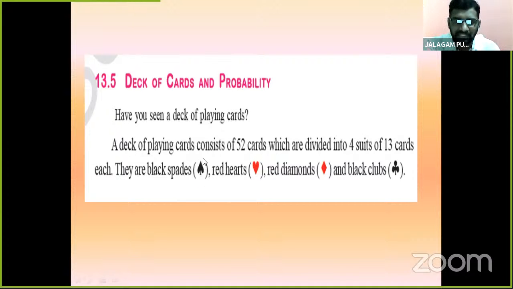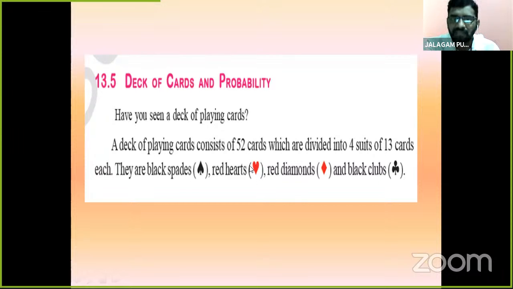The shape is like this. See, children, there are black spades, red hearts, and red diamonds. These black spades are 13 cards.